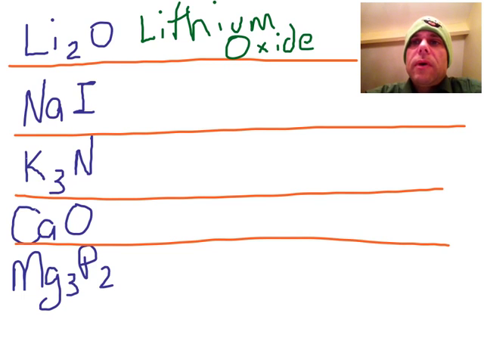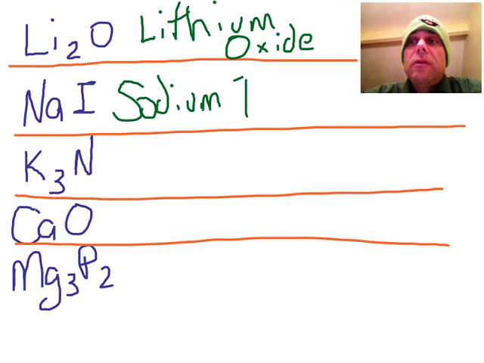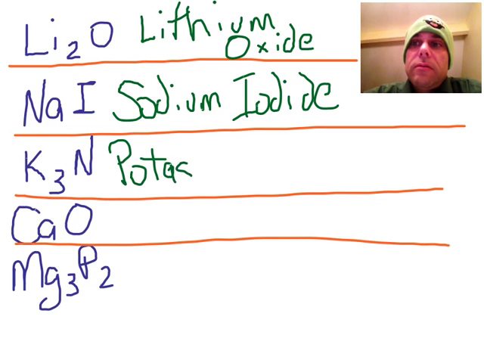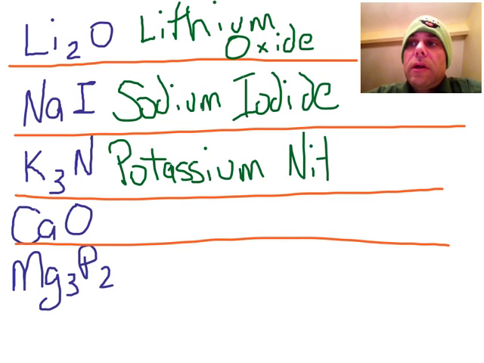The next one, sodium and iodine, but we modify it to be iodide. Sodium iodide. Next, we have potassium and nitrogen. That now becomes potassium nitride.